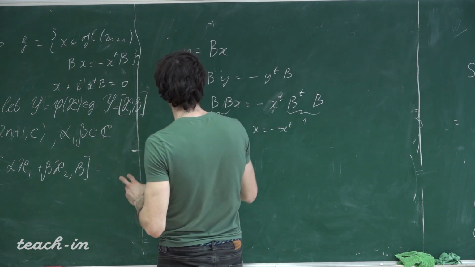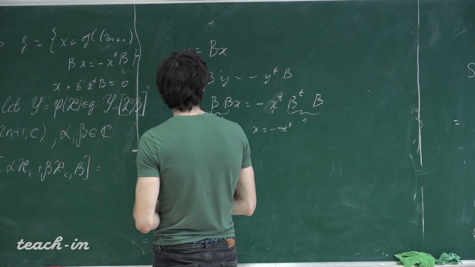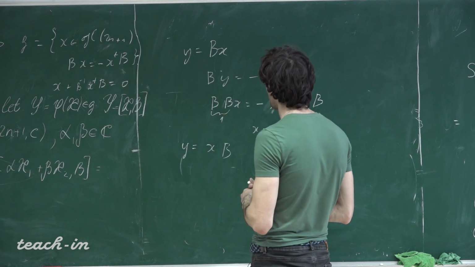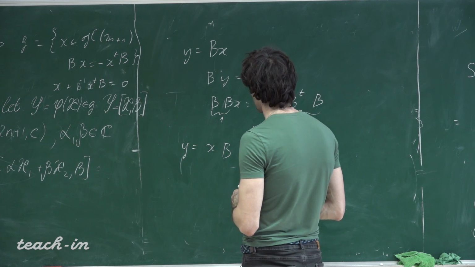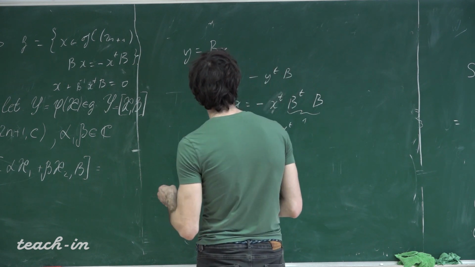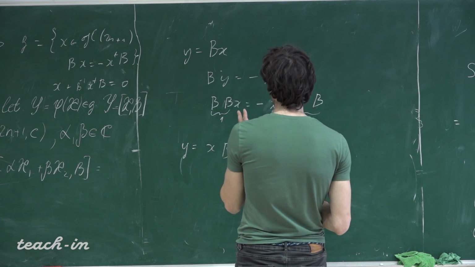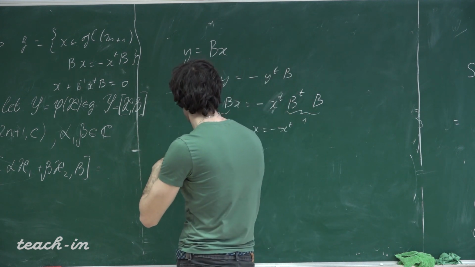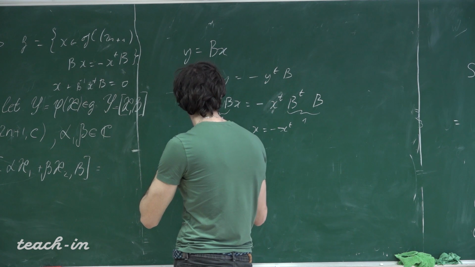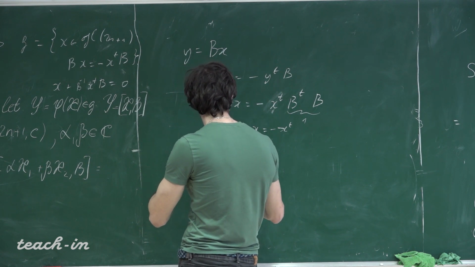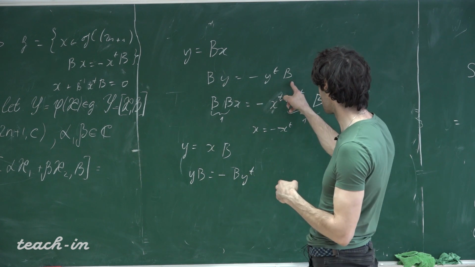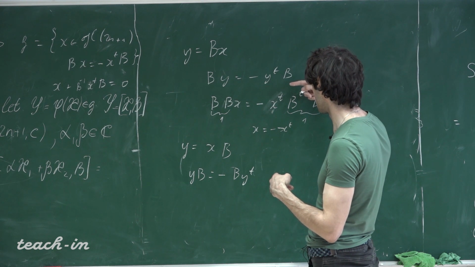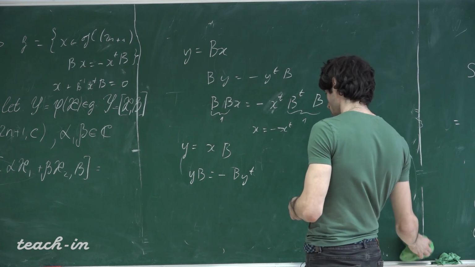That's good. Now, if I take y from the other side, I need to check that yb is negative b y transpose. No, to check that it's in G you have to multiply from the left. I'm sorry.